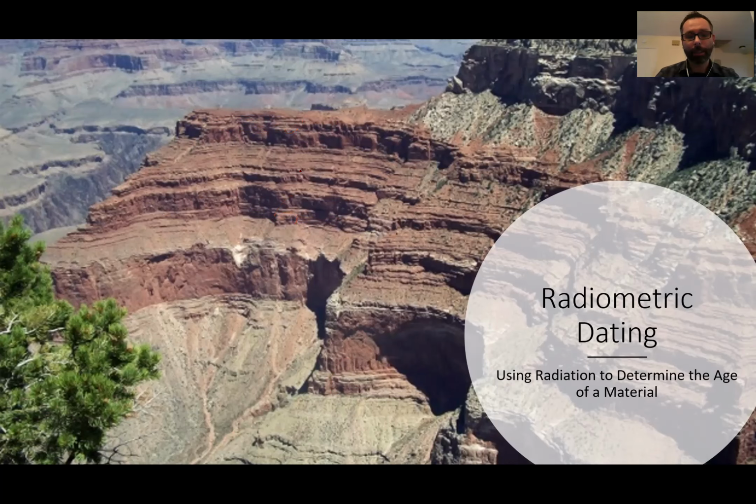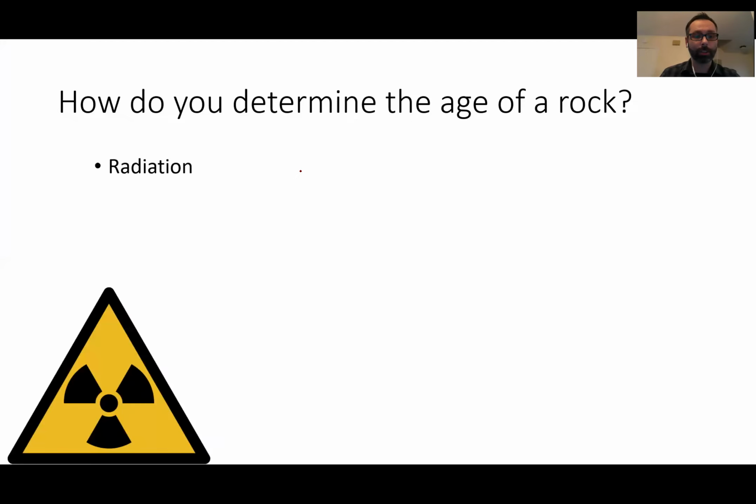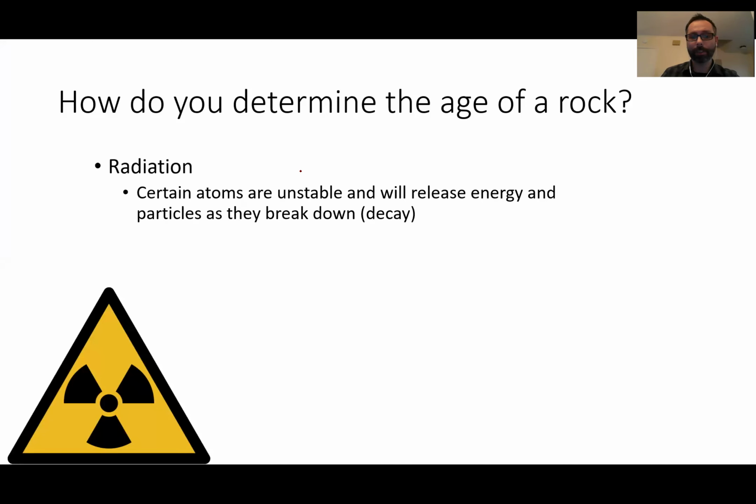But if we want to know the actual date, we need to use something called radiometric dating, right? And so, how do you determine the age of a rock? You use radiation. Radiation is what happens when certain atoms break down. They are unstable and they're going to release energy in particles and they're going to decay, is what it's called.